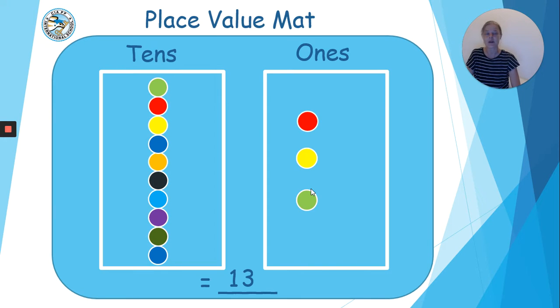Now our new number is 13. Let's check and count them all together. 1, 2, 3, 4, 5, 6, 7, 8, 9, 10, 11, 12, 13. Well done. Let's try another one.